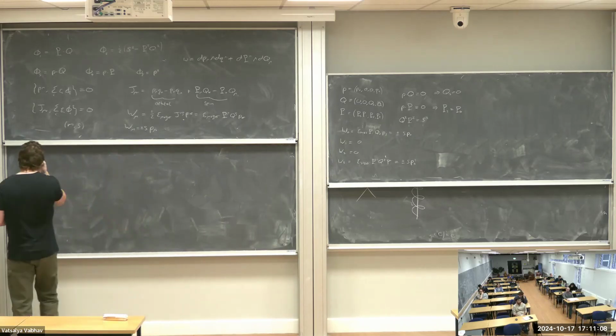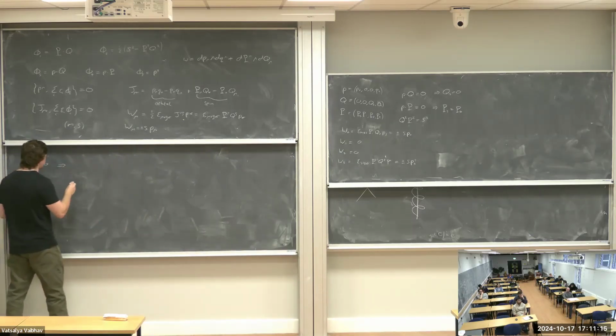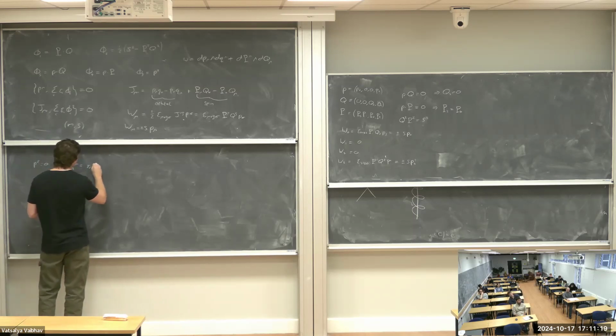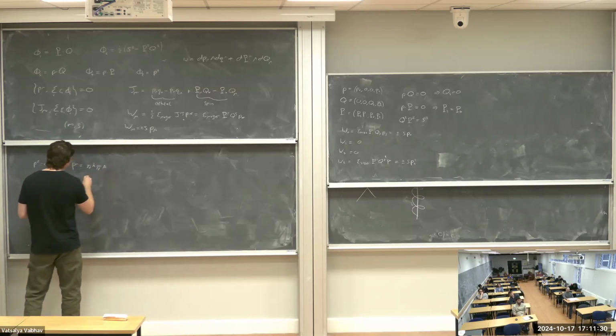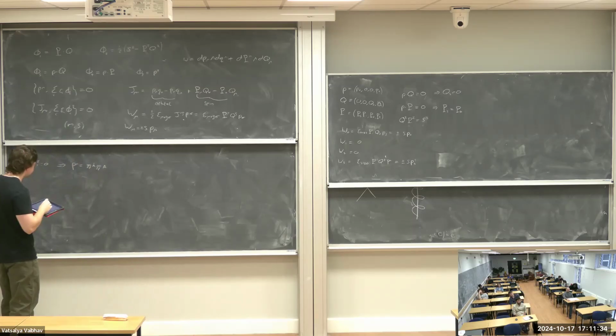So the momentum P mu, because it squares to 0, I can write as pi A pi bar A dot. I can write it as a product of two spinors like this.